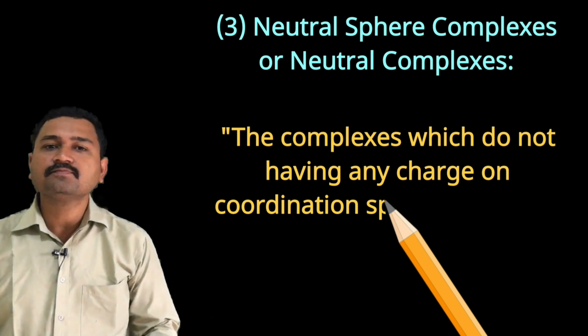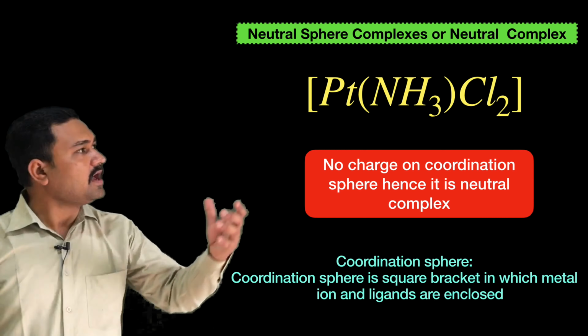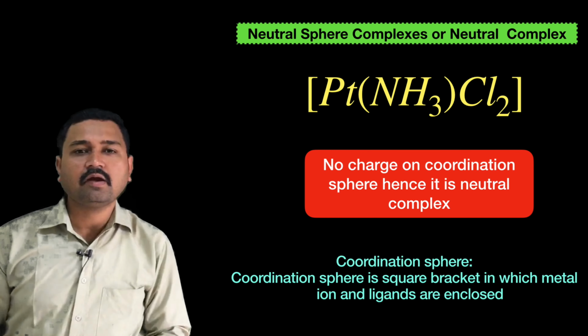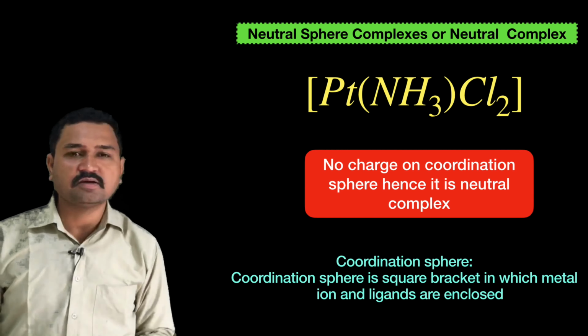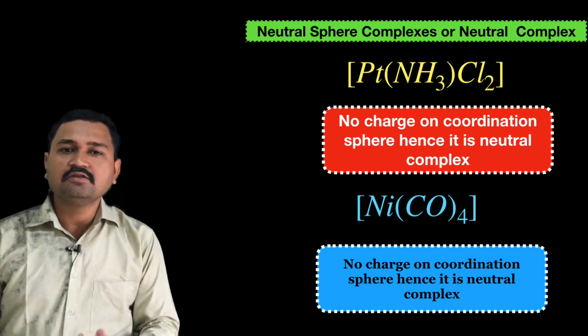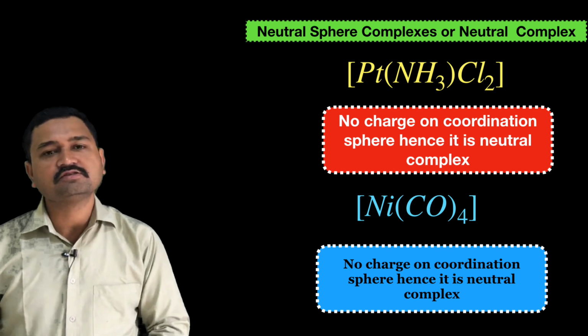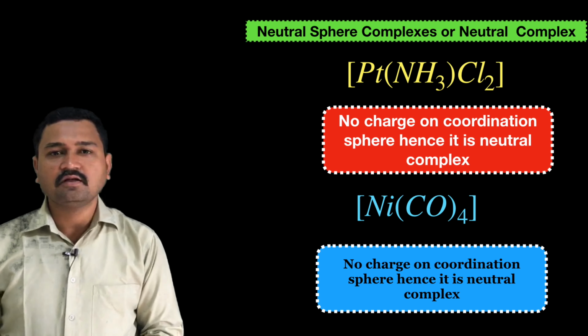If you consider an example, [Pt(NH3)2Cl2], as this complex does not have any charge on the coordination sphere, it is an example of a neutral complex. Now let us consider the second example, that is Ni(CO)4. Here again you can observe that in this coordination sphere there is no charge, hence it is also an example of a neutral complex.